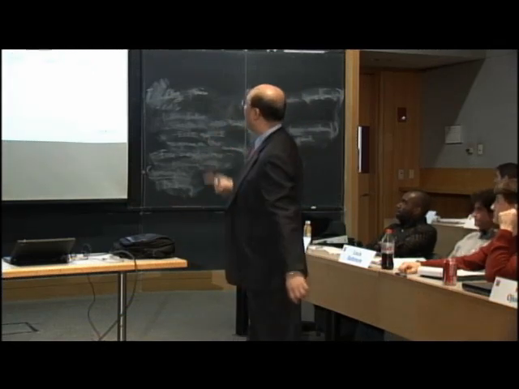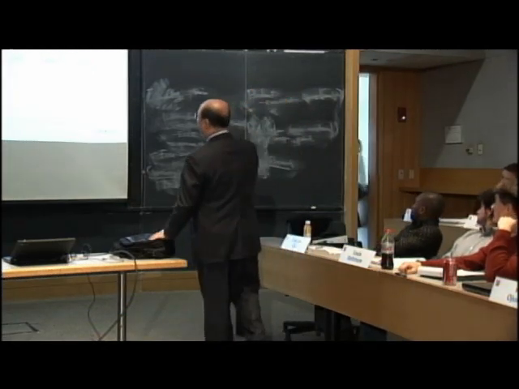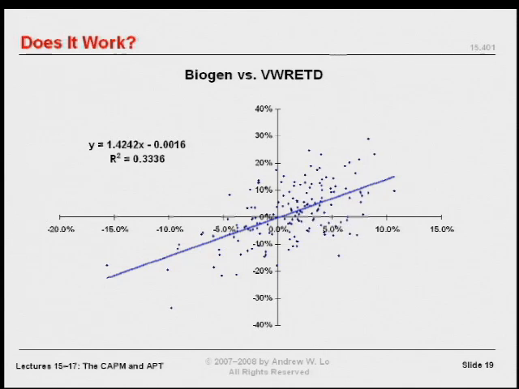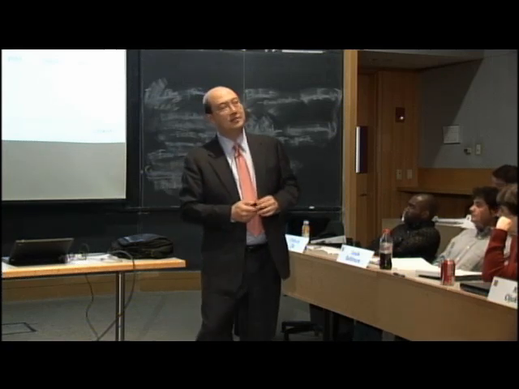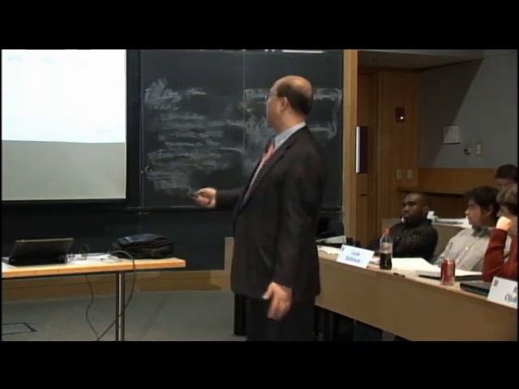So here's a plot of Biogen versus the market. Now, the market, as I reminded you last time, is the value-weighted return, including dividends, of all stocks on the NYSE, Amex, and NASDAQ. So this market portfolio you can think of as being a broader version than the S&P 500. But it's meant to capture the market.